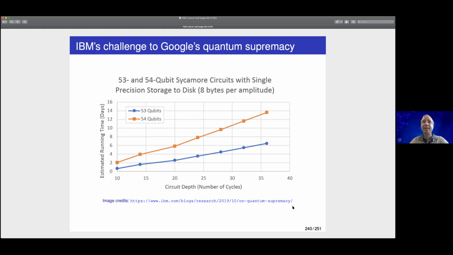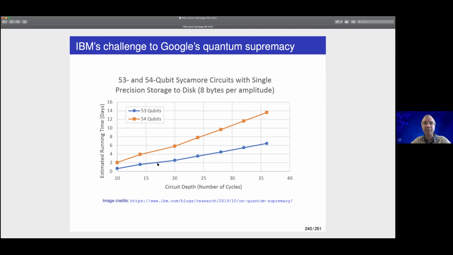So they said that, well, this figure of 10,000 years that Google mentions in the paper is not correct. You could simulate classically these circuits that they are running with a much faster algorithm. And they computed an estimation of what this algorithm would take for the same tasks that Google were using in their computer.